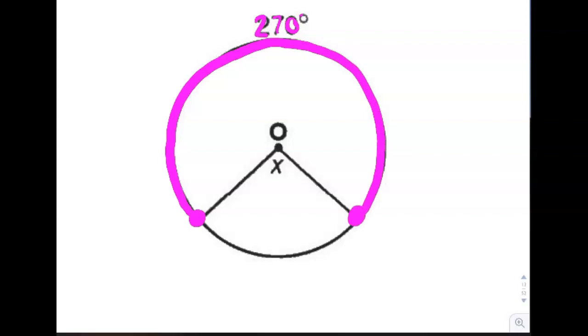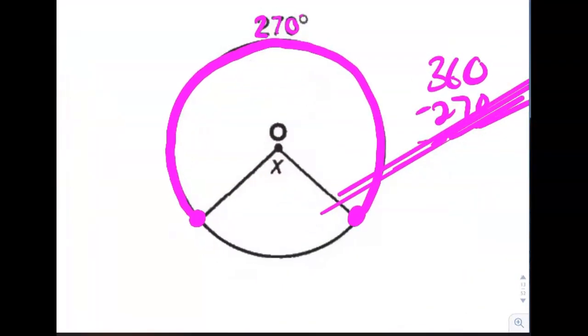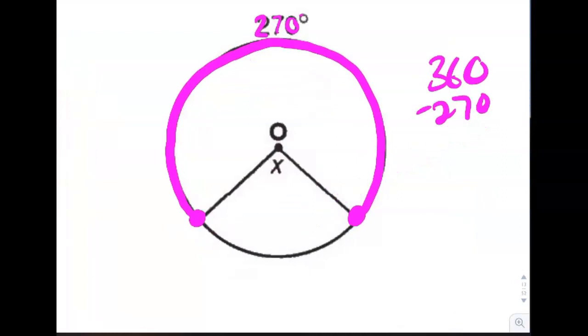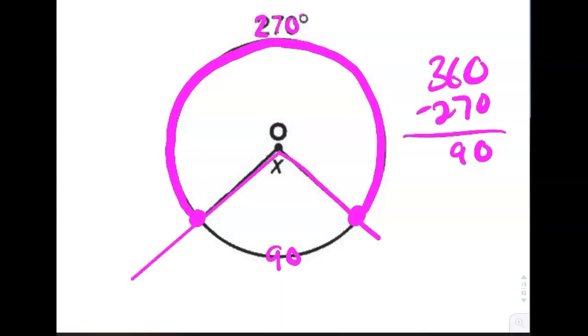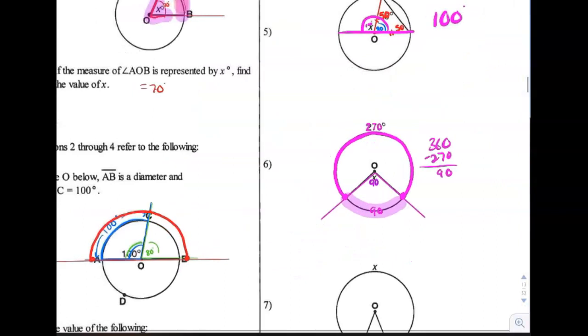So if an entire circle is 360, and we've already used 270 of it, whoa, that means there's 90 left over. And there's that central angle again. So if that's 90, so is that. So x is 90.